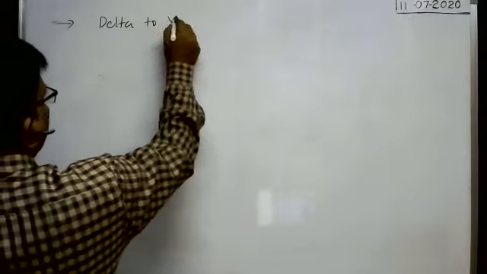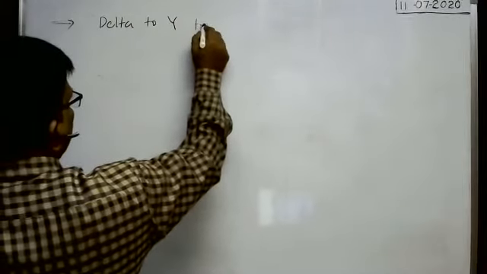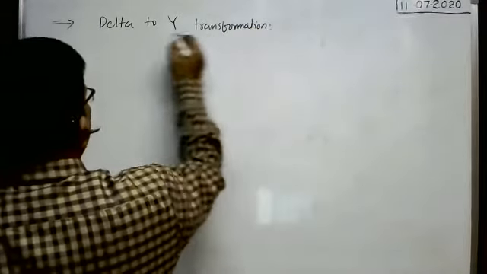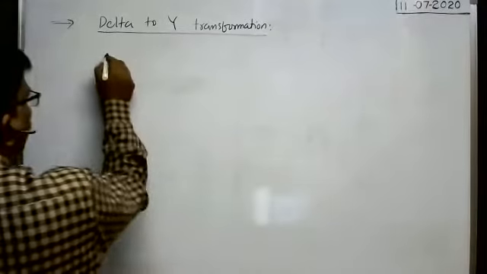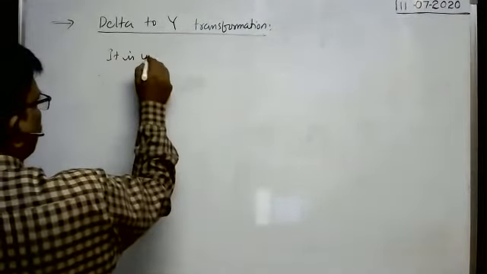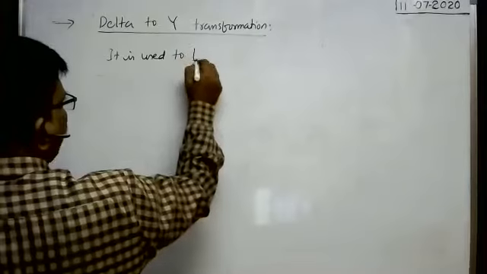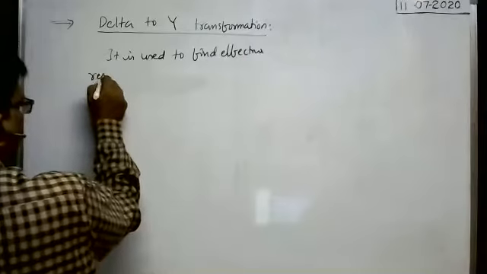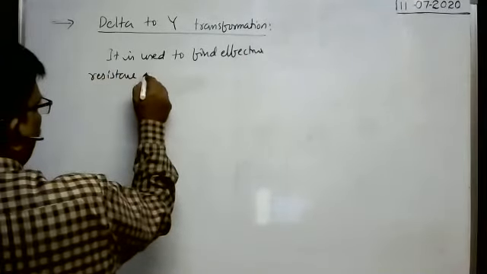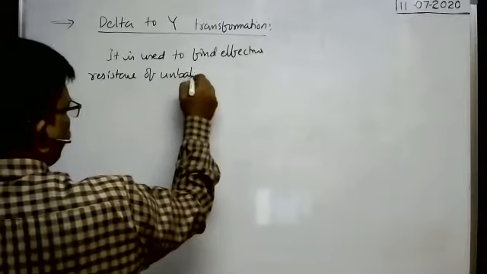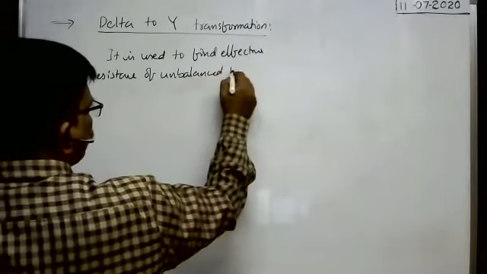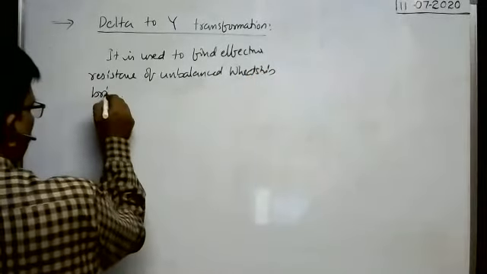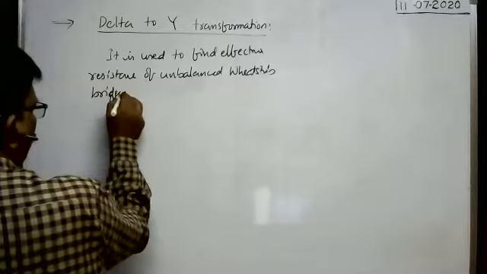Delta to Y transformation. So here it is used to find the effective resistance of unbalanced Wheatstone bridge.